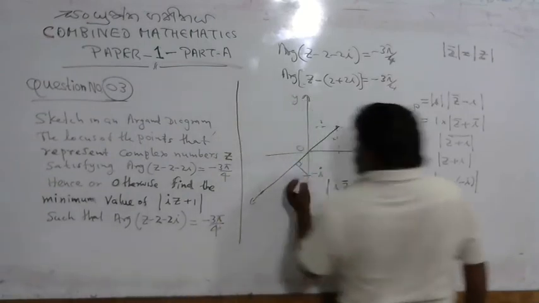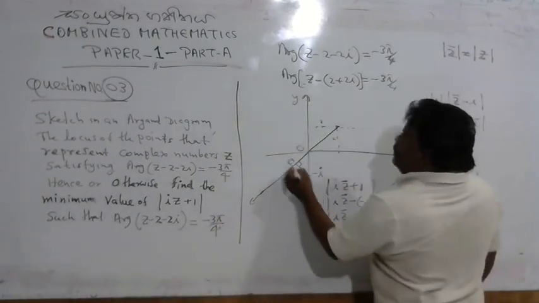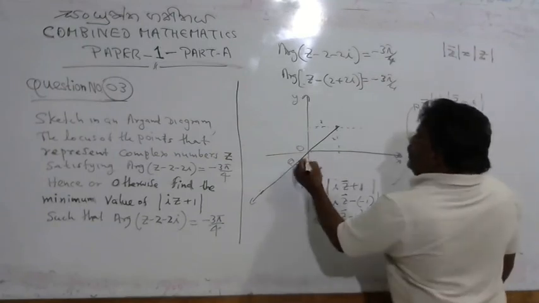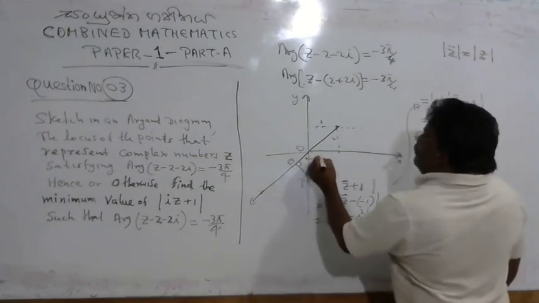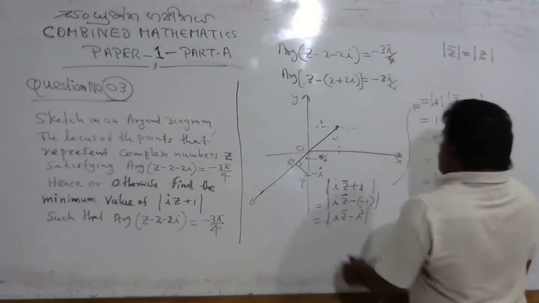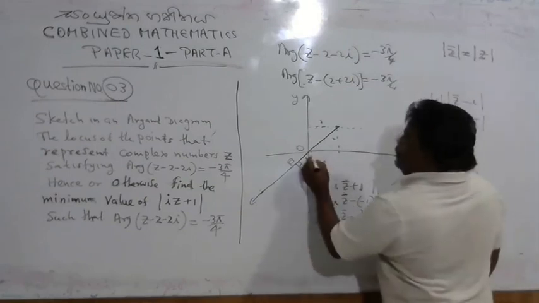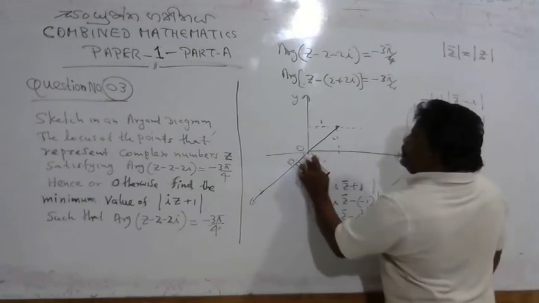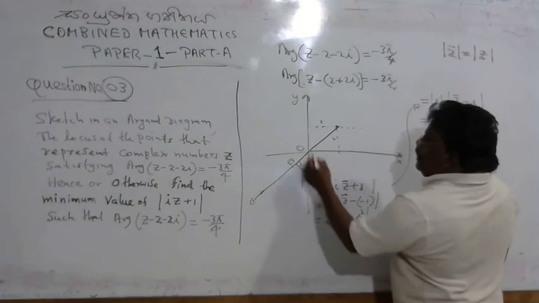So if you take this as P and this as Q, in triangle OPQ this angle is π by 4. This distance is 1, because here the minus i side is 1.